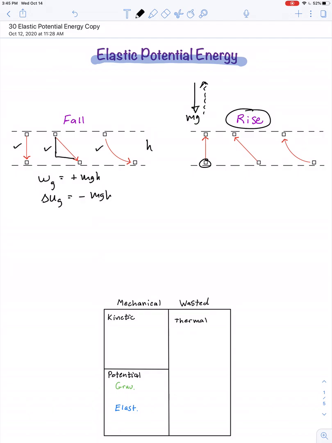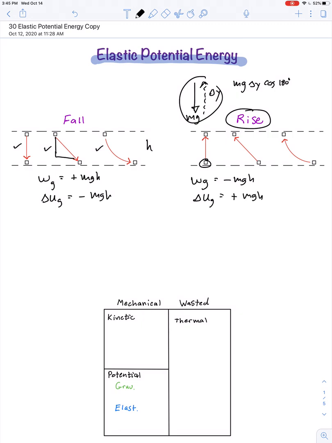So if we multiplied the magnitude of the force of gravity times the magnitude of the displacement, we'd also have to multiply it by the cosine of 180 degrees, because the angle between these vectors is, of course, 180. They point in opposite directions. So we would find that the work done by gravity is equal to negative mgh, and therefore the change in gravitational potential energy would be positive mgh.